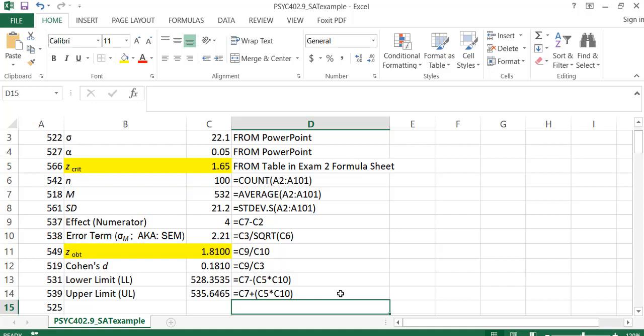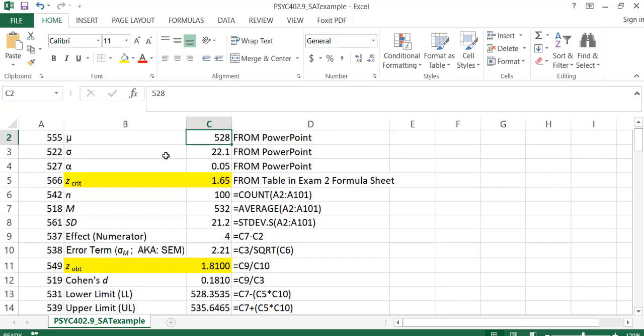So if we went and collected another sample of data, we would expect that their mean wouldn't fall exactly at 532, but it would fall somewhere between 528.3535 and 535.6465.